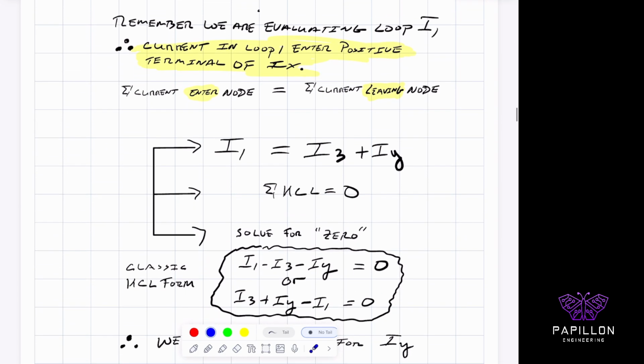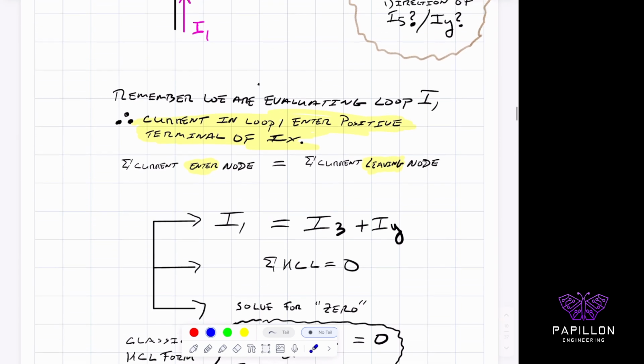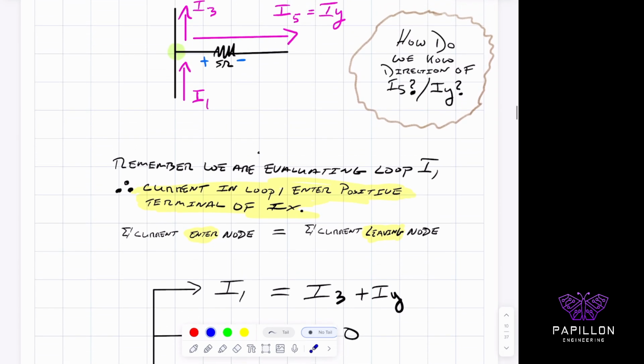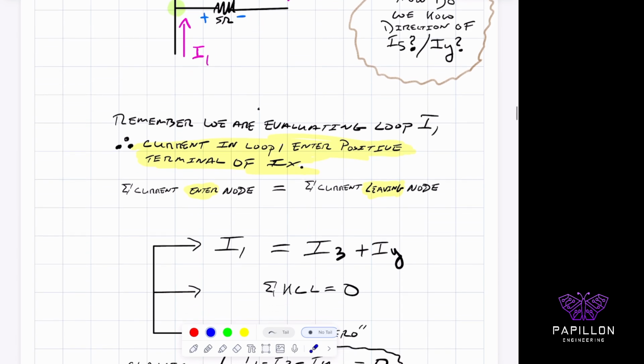So remember, when we're evaluating loop I1, we're looking at things that are entering in. From KCL's definition, Kirchhoff's current law, it says to determine what currents are entering a node and also what currents are leaving a node. That is our objective. To summarize this and hopefully put you at ease, the first question you have to ask yourself is, what loop am I in and what am I evaluating?